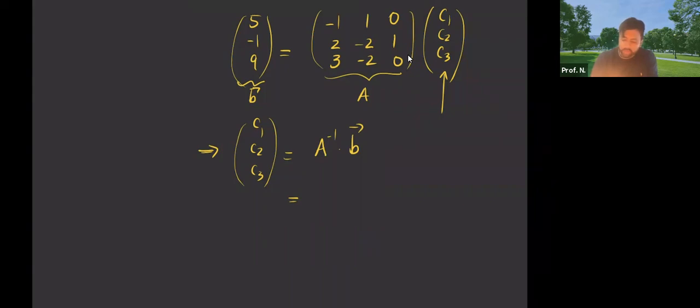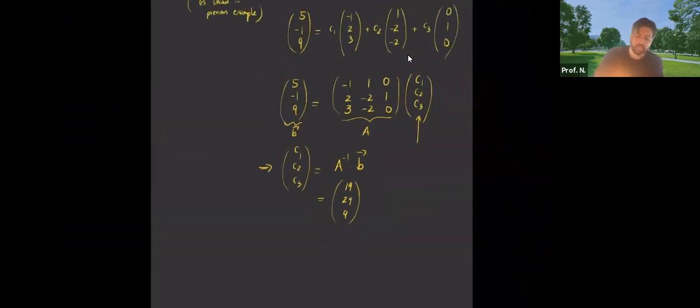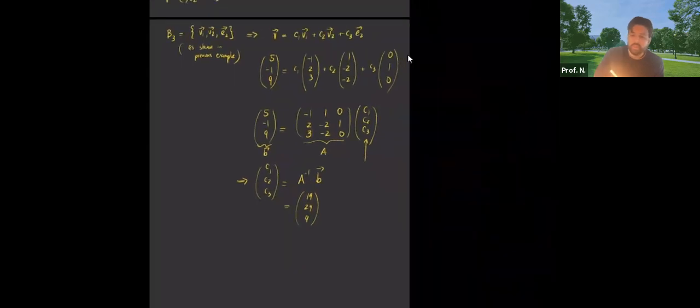So let me just finish this real quick. So 5, -1, 9. When I multiply the matrix A inverse with B, I get 19, 24, 9. Hopefully you guys can confirm that that's what you got as well. So 19, 24, 9 is the solution to this matrix equation.